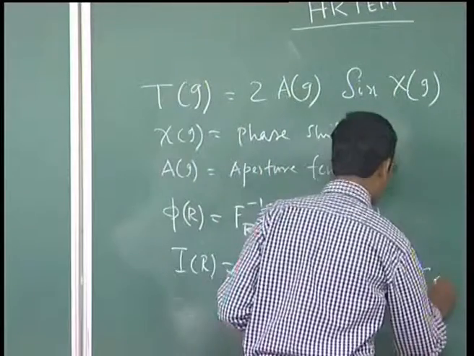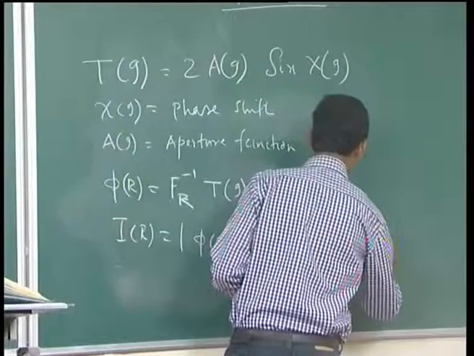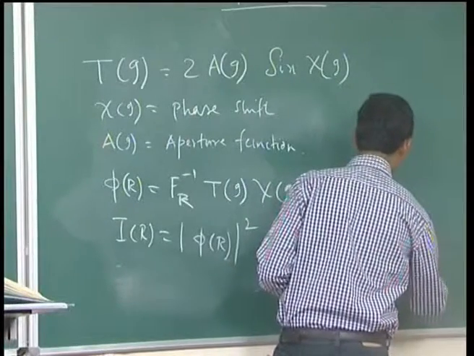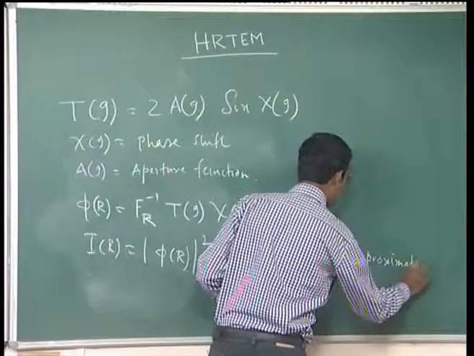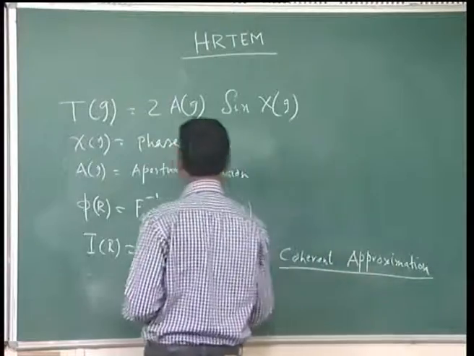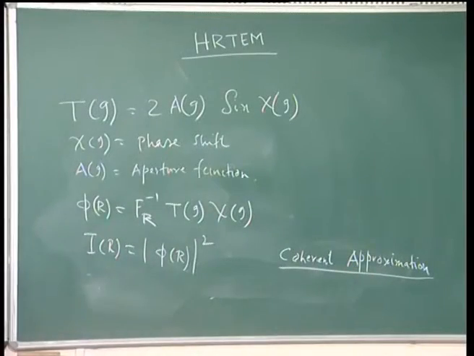If you assume the coherent approximation, then only this formula is correct, otherwise the formula gets complicated, and those complicated formulae need to be derived based on the concept of transmission cross coefficients. That is, how the beams are actually interacting, and because of that there are cross coefficients. If you know the transmission cross coefficient, then this function will be much more complex, which I can actually give you.